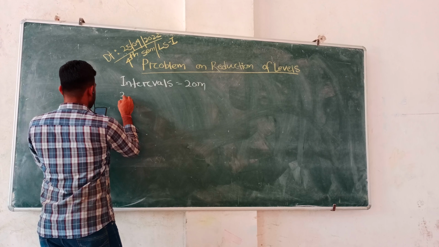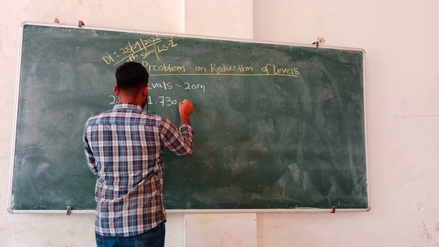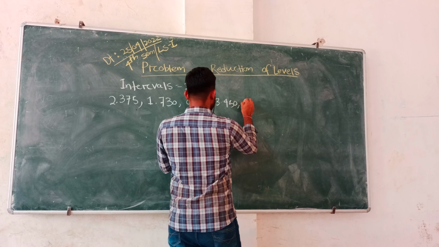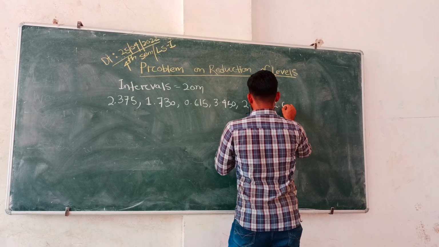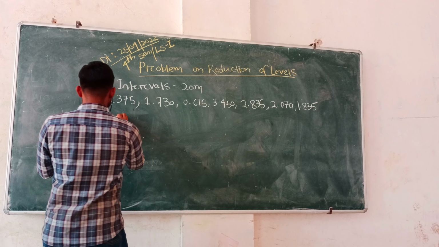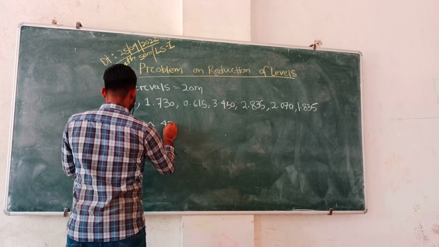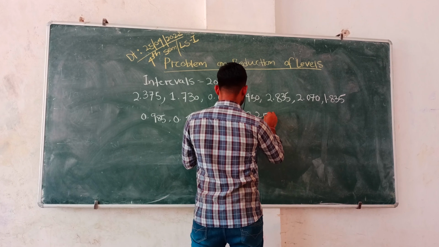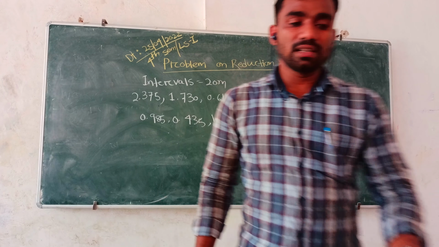And these are the readings: 2.375, 1.730, 0.615, 3.450, 2.835, 2.85, 2.070, 1.835, 0.985, 0.435, 1.630, 2.255 and 3.630. Suppose these are the given data.